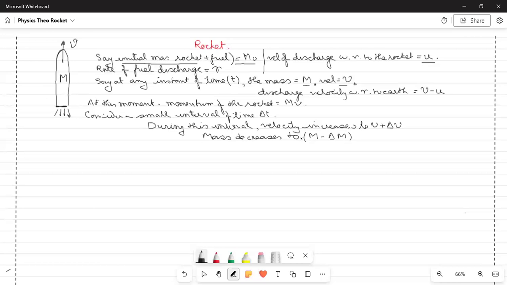And if del m is the decrease of the mass, then del m is the amount of fuel which has been discharged.